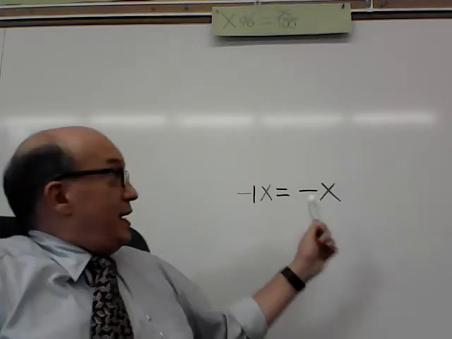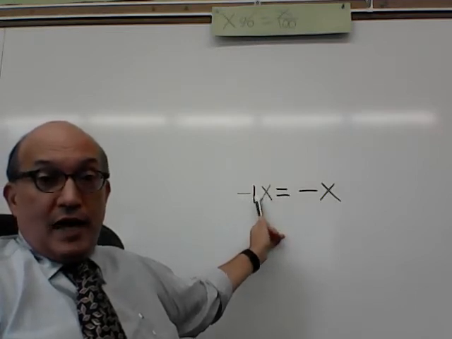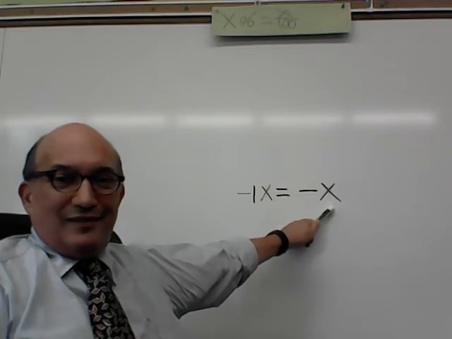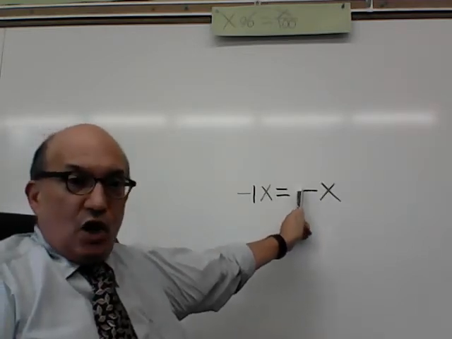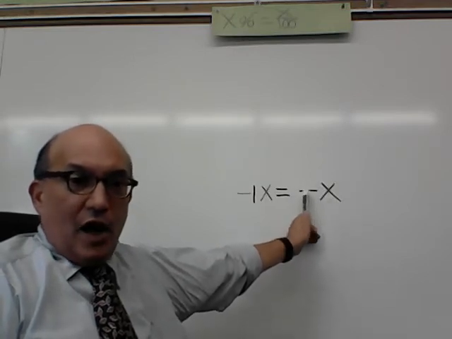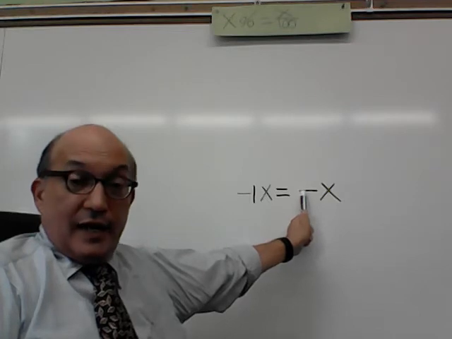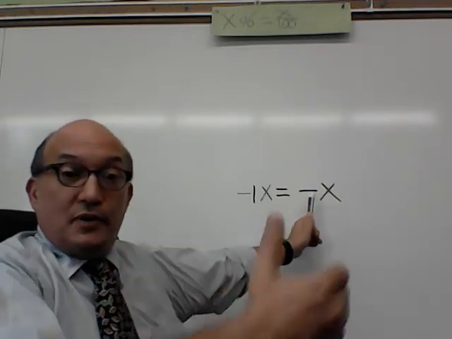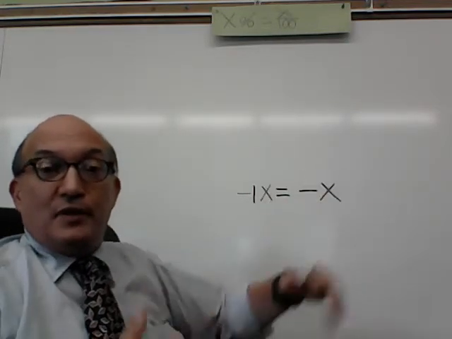If you multiply any number by -1, -1 times a number is the opposite of the number. And it is important to read this as the opposite of x, the opposite of the number. Here this negative sign is serving as meaning the opposite of. Okay? -1 times a number is the opposite of the number.